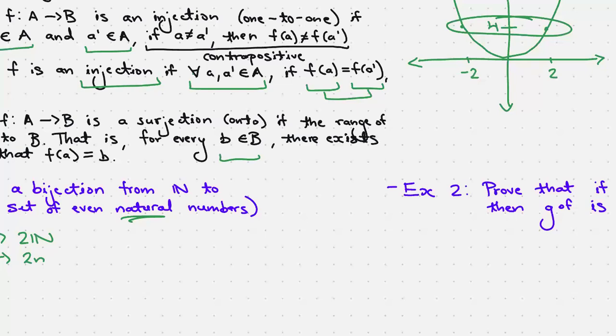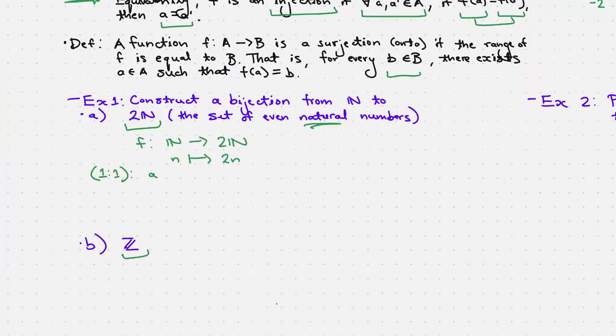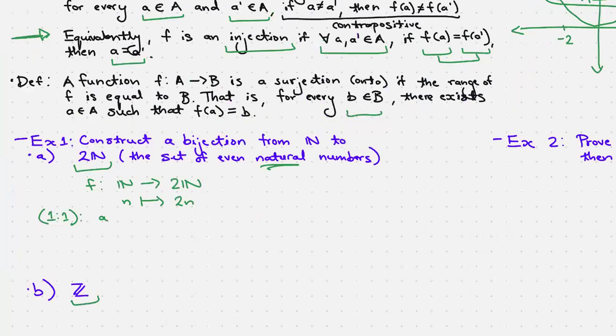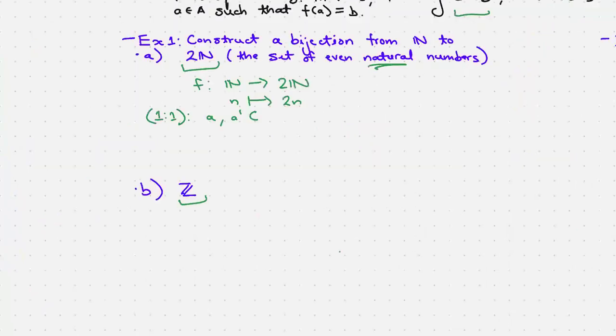So again, if we have a and a prime in N, then we suppose f of a is equal to f of a prime.